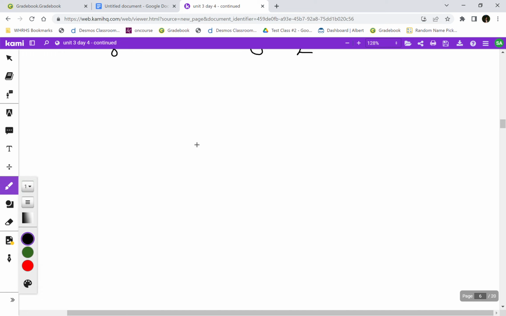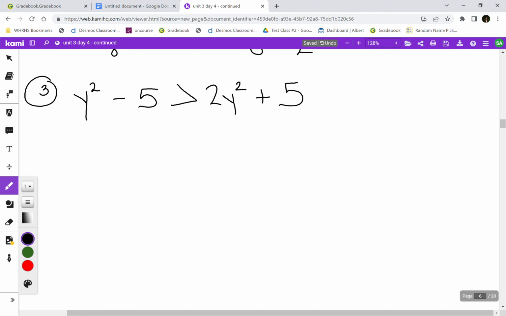So let's look at this. y squared minus 5 is greater than 2y squared plus 5. Okay, so it looks like a quadratic inequality, right?